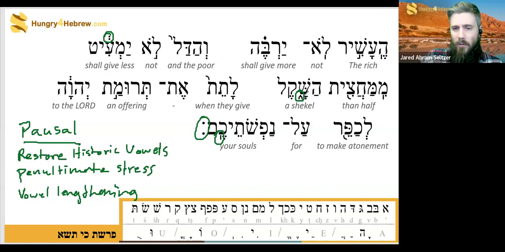This historic vowel is coming back. What do you mean historic vowel? Well, the word shekel has two segols in it, and both segols are artificial. The original word for shekel was shakel. Well, I guess it really would have originally had a long vowel here, but I'm going to write patach so we don't confuse it for a kamatz katan. Actually, now that I've said that, I'll go ahead and put the long vowel.